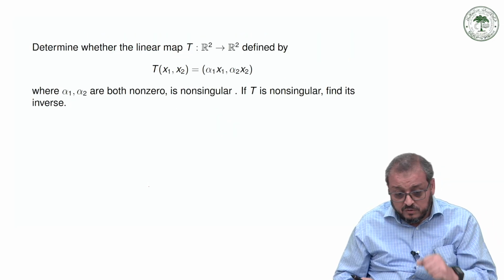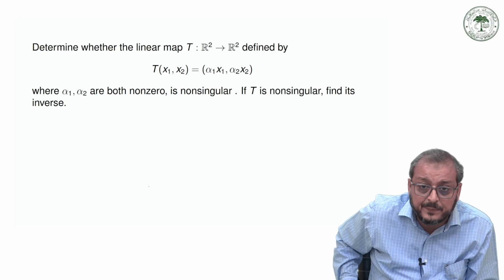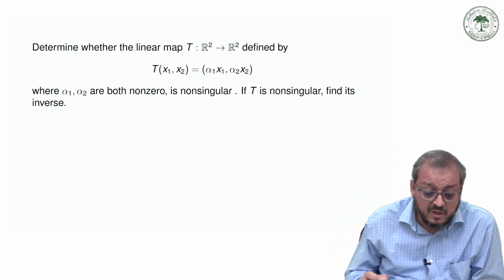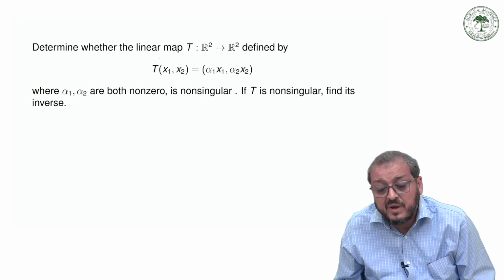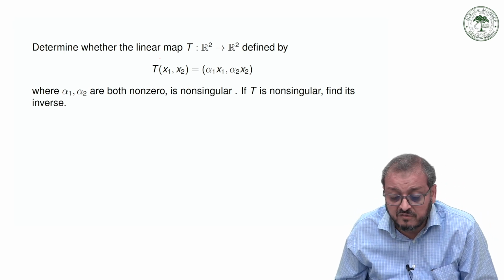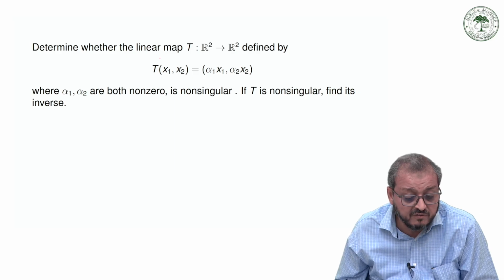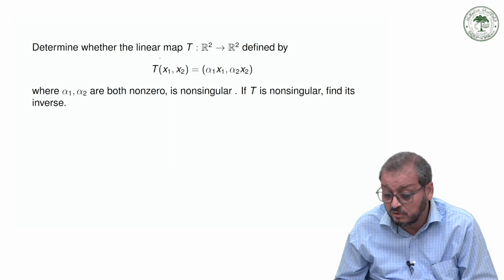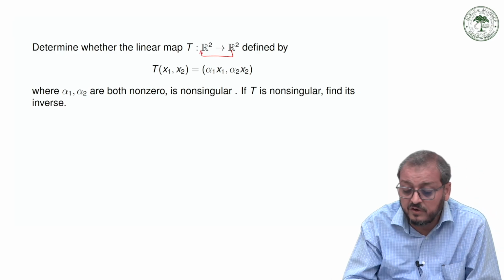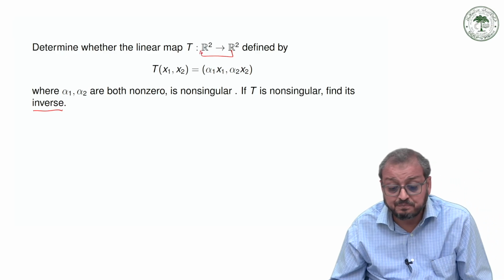Okay, so now we try to solve one more example, and then we conclude this session with it. Determine whether the linear map defined by T of (x1, x2) equals (alpha 1 x1, alpha 2 x2), where alpha 1 and alpha 2 are both non-zero, is non-singular, and if it is non-singular, then find its inverse.